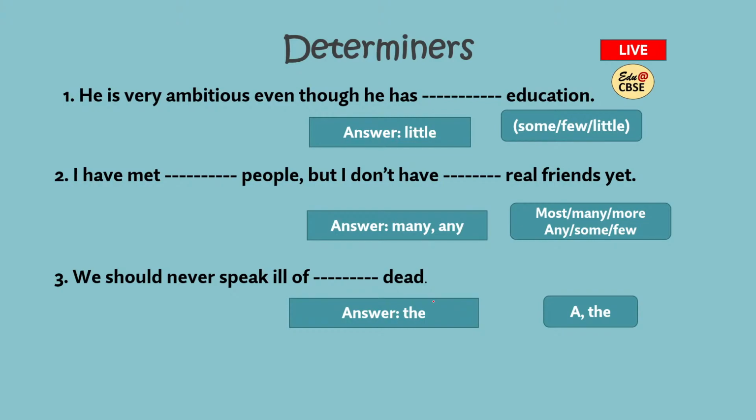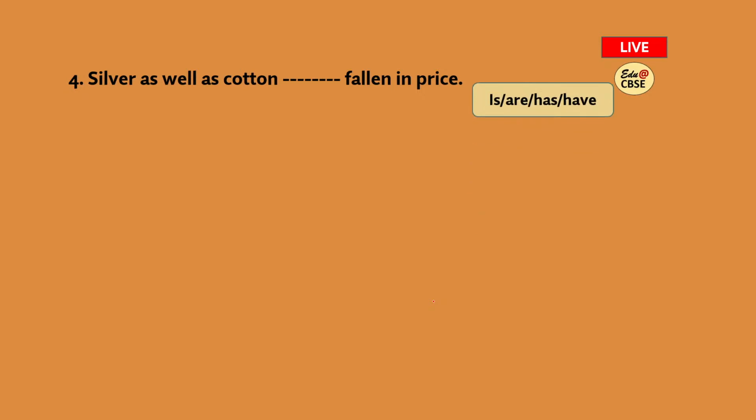Now let's move on to the fourth sentence. The fourth sentence is silver as well as cotton dash fallen in price. So if you want the clues here, you have to choose from among is, are, has or have.